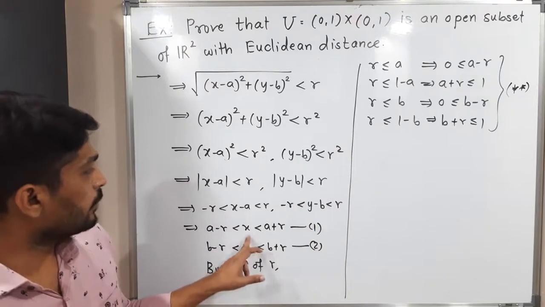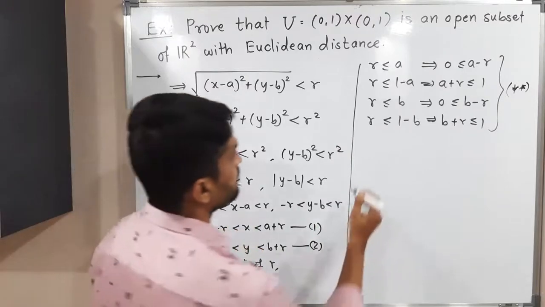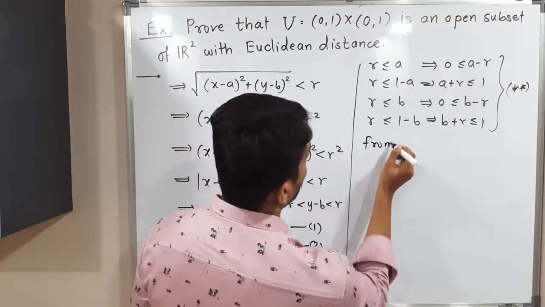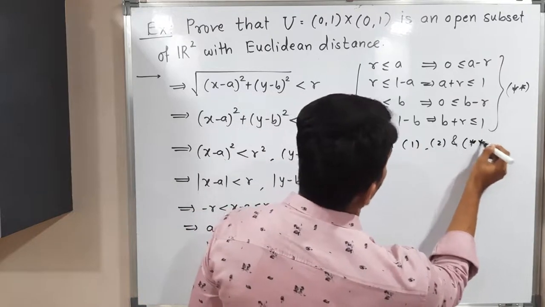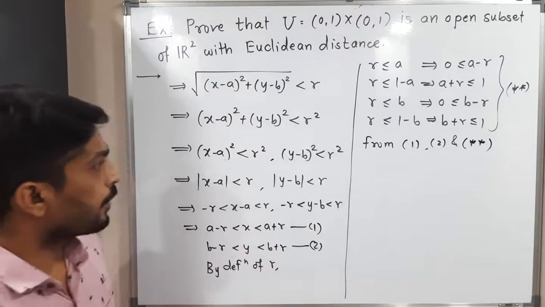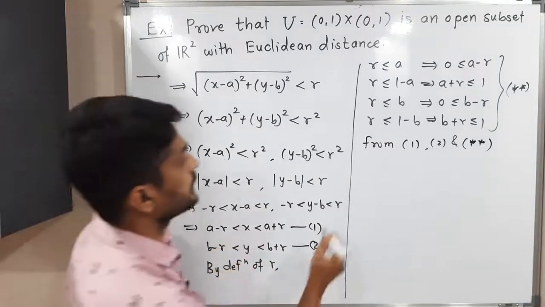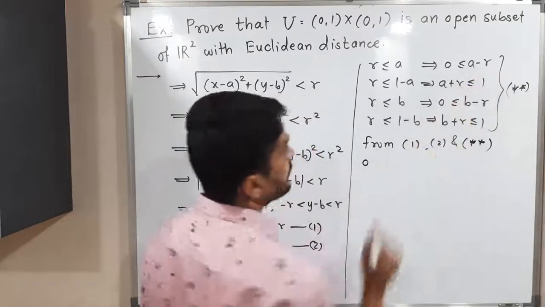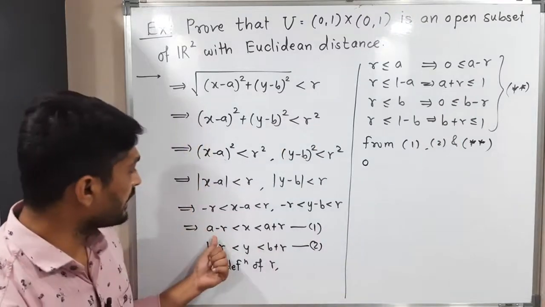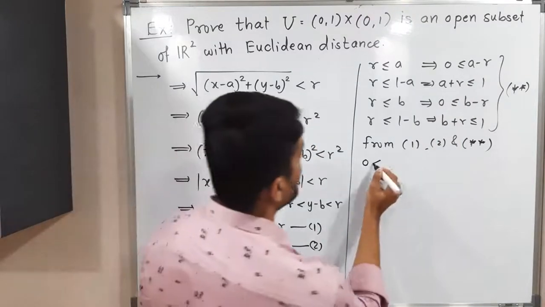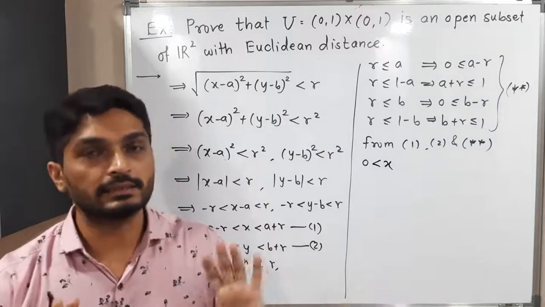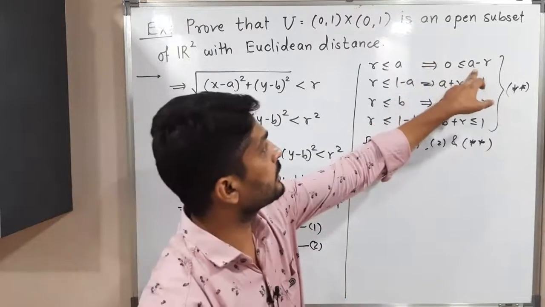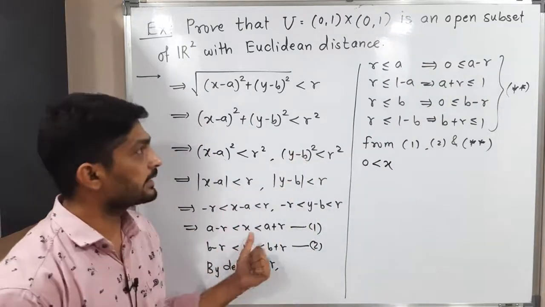So now let us use 1, 2 and double star. From 1, 2 and double star, what do we have? 0 less than or equal to a minus r. But here we have a minus r less than x, so I can write 0 less than x. Agree with me? a less than b, b less than c, so a less than c. That technique I use. 0 less than or equal to a minus r less than x, so 0 less than x.